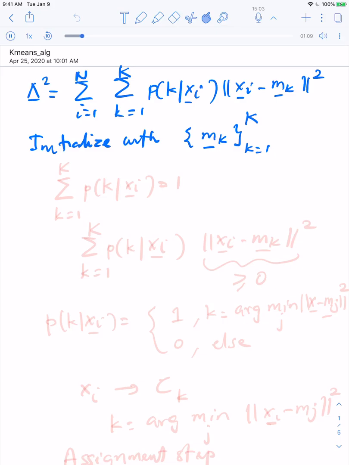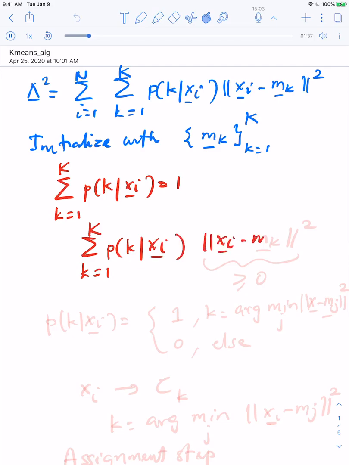So if I look at the ith data point, this guy, the assignment probabilities have to sum to 1. Your contribution to the cost function is assignment probability times xi minus mk squared, and you basically have a sum weight of 1, and all these are non-negative quantities.